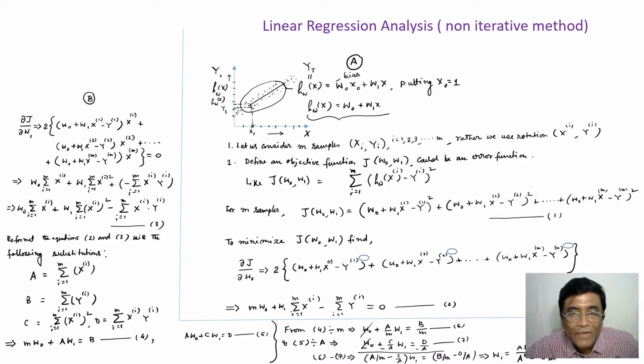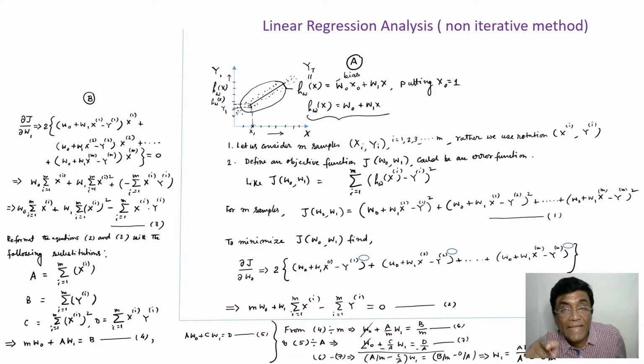Unless they are the same, you are incurring some error. And what is the error? Error is the difference between the theoretical value, what your model is predicting, and the ground truth. Intuitively, whatever I have designed is a predictor.